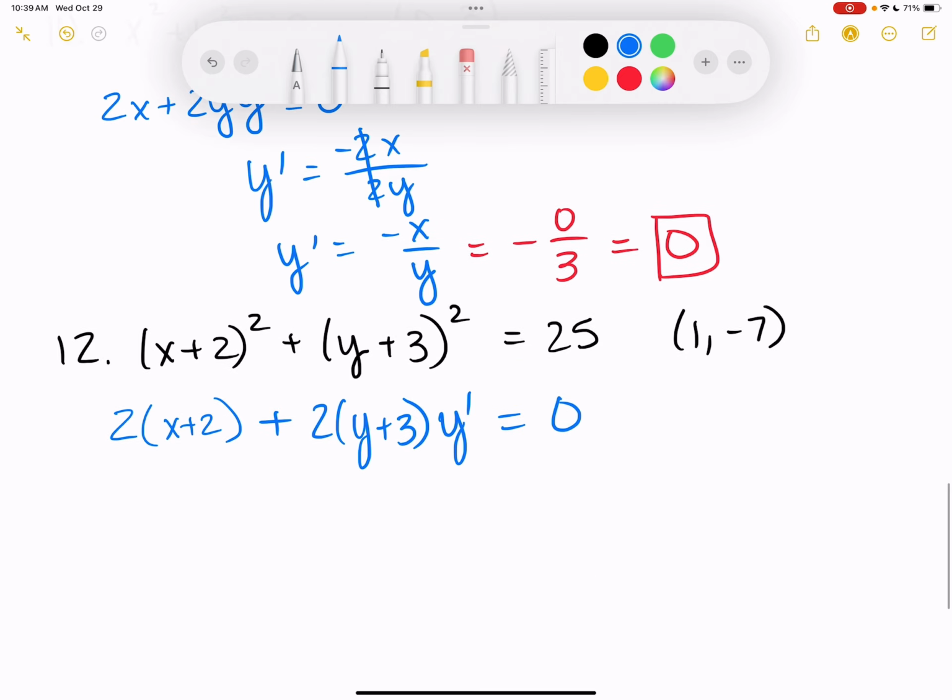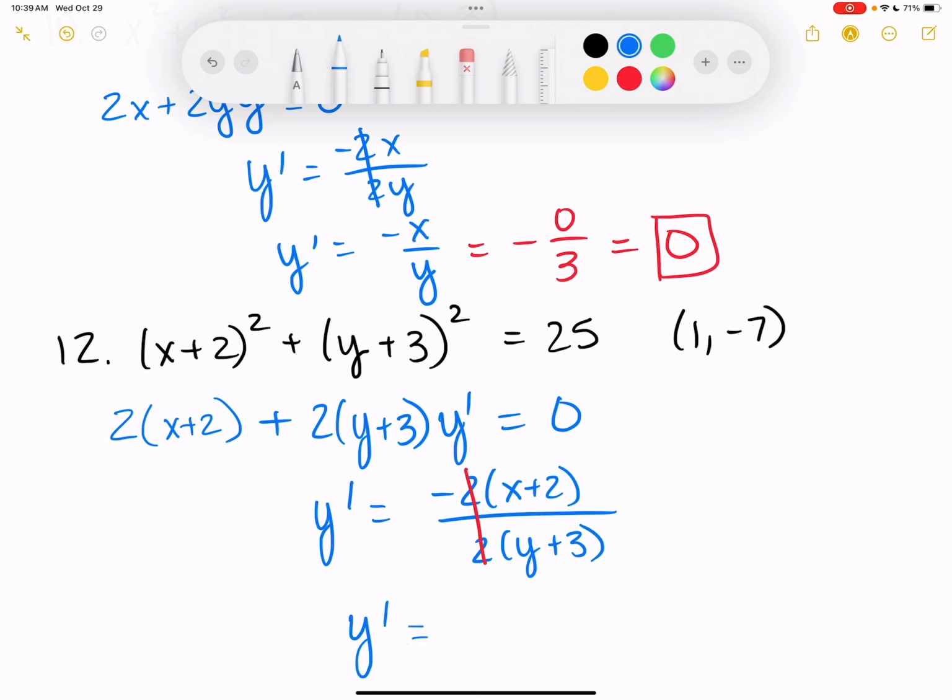So then I'm going to subtract this over, divide by this. So I would get y prime is equal to negative 2 times (x + 2) all over 2 times (y + 3). Cancel out the 2's. So y prime is equal to negative (x + 2) over (y + 3).